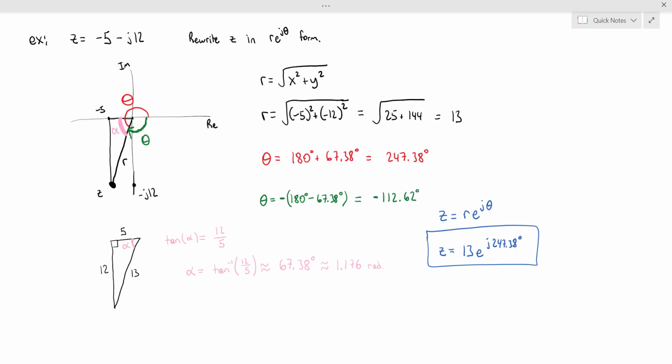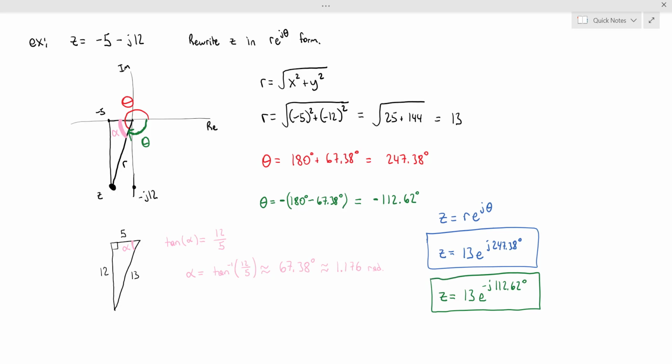So an alternative answer to this question, using r as 13 and an angle of negative 112.62 degrees, would be another acceptable answer to the question.